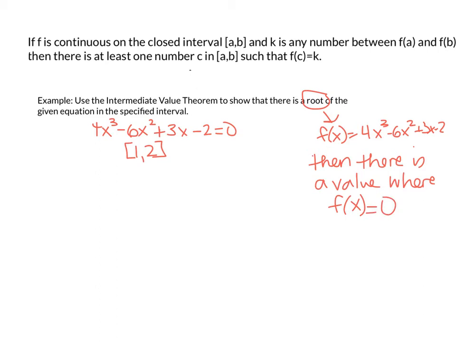You have a few problems like this in your homework. Just keep in mind that this is what it is asking you to do.